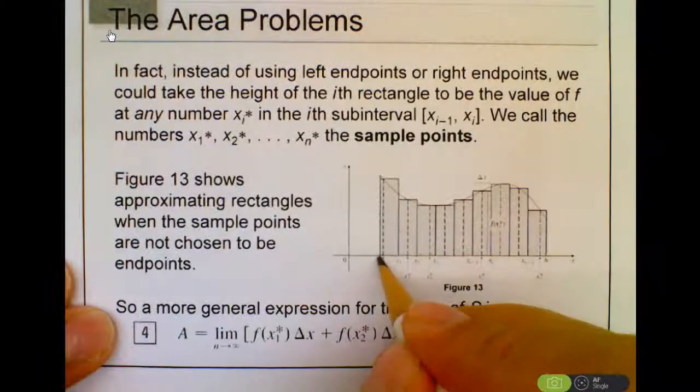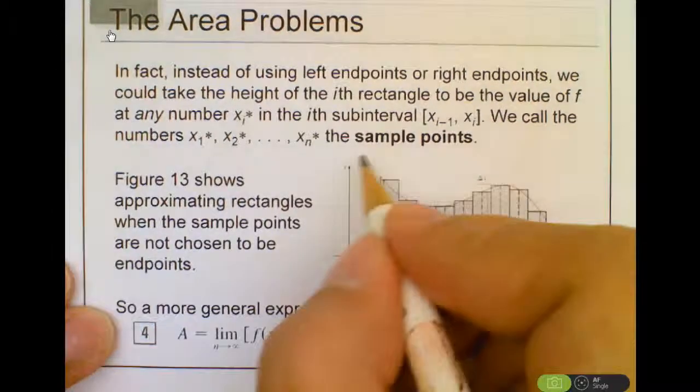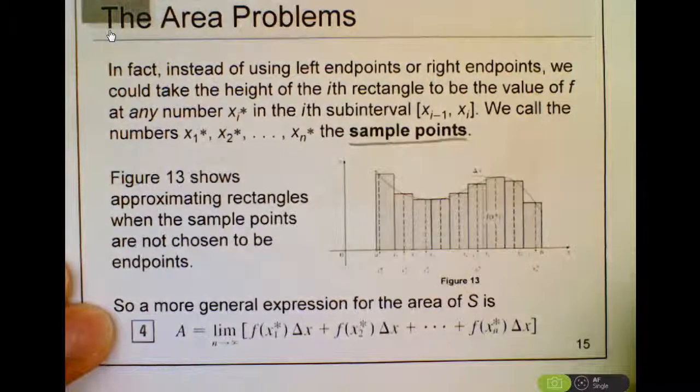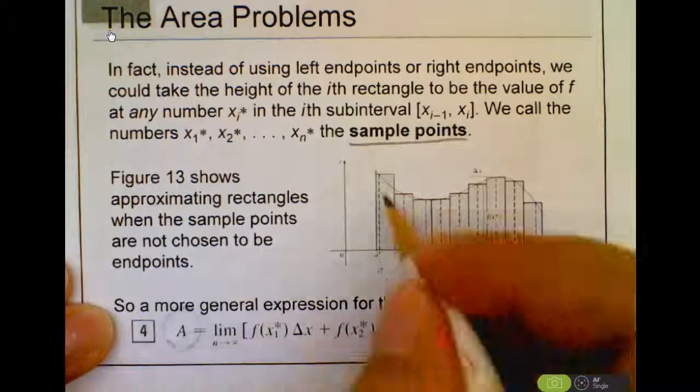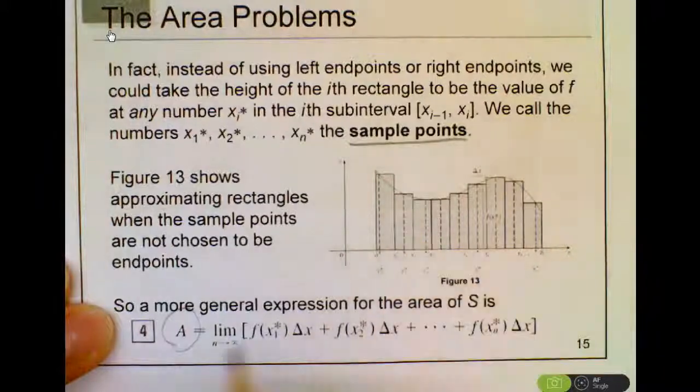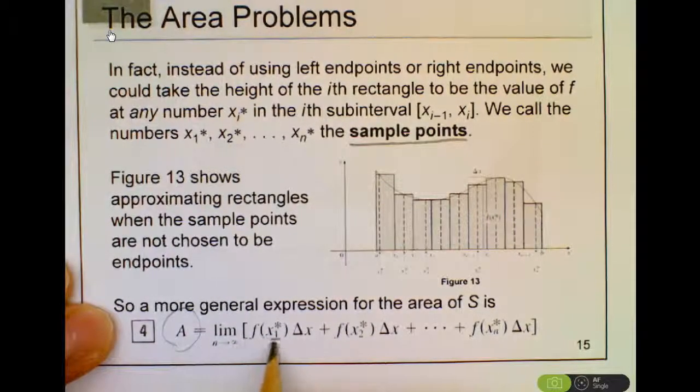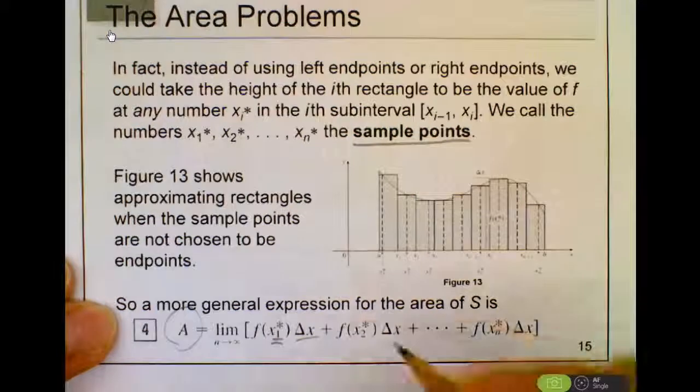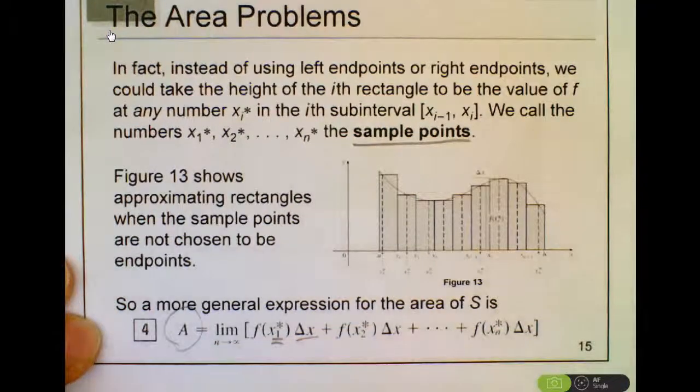The x that is chosen within the interval is called a sample point. So the area under this curve is the limit as n approaches infinity of f evaluated at that sample point times delta x, and so on. All those expressions are going to be equivalent.